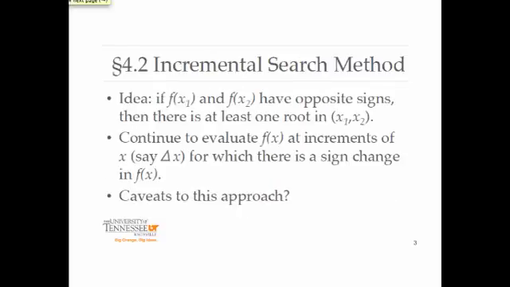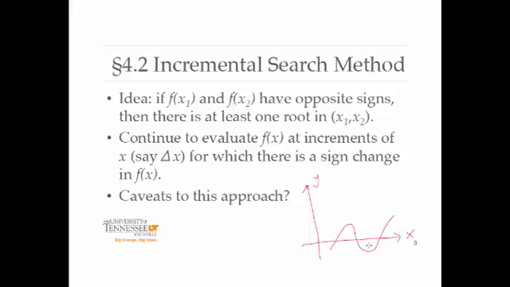The first method we'll consider very simply takes advantage of the fact that we have a continuous function. If we go back to our very simple coordinate system here, and I draw on an x-axis and a y-axis, as my function wiggles, notice that in some places the function is positive and then it flips negative.